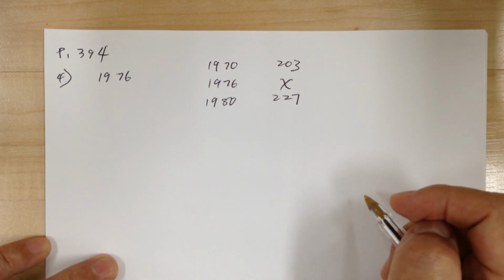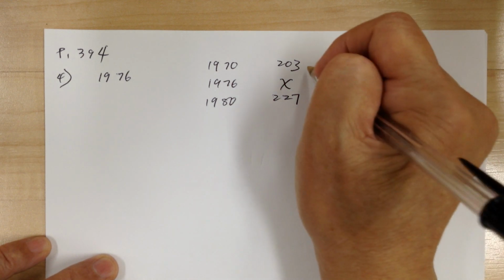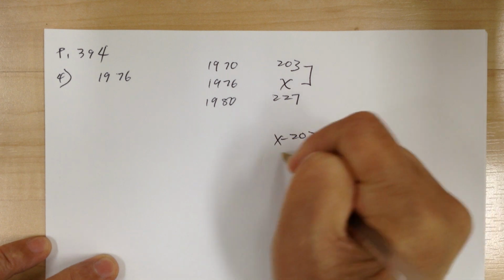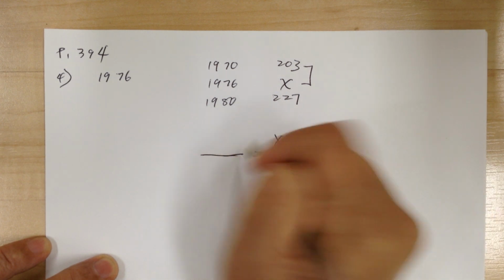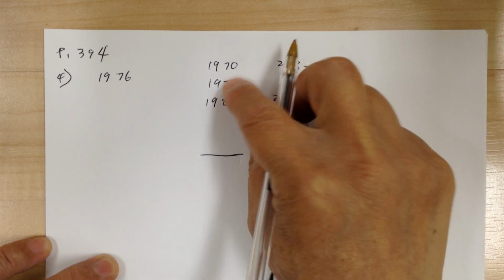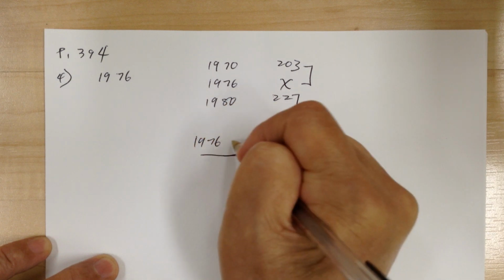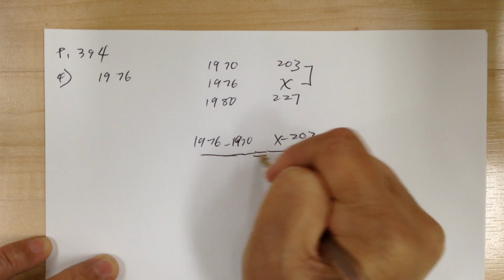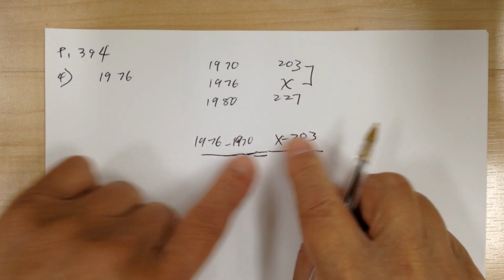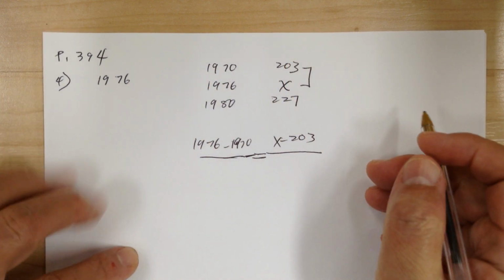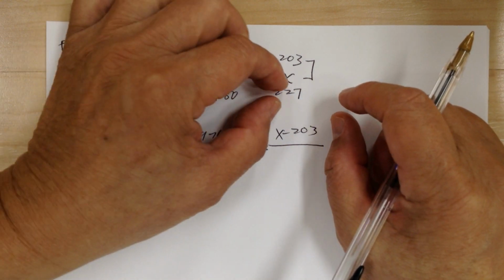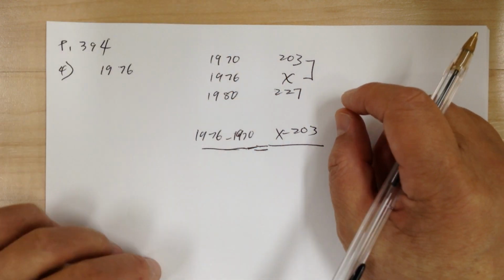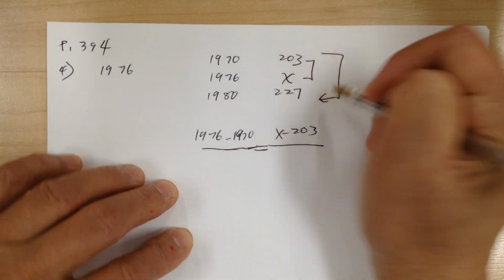You need to make pairs, so let's use this pair: x - 203. Because you use this pair, you have to match it up, so it'll be 1976 - 1970. Make sure you keep track of your order, everything has to match. For the next one, you can use either pair, but you don't want to use the pair with the variable again, so I'm going to use this pair.